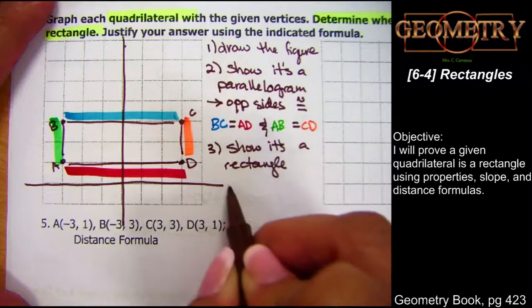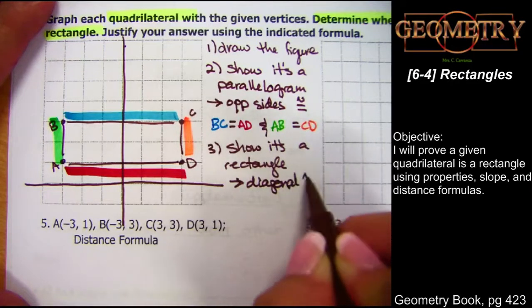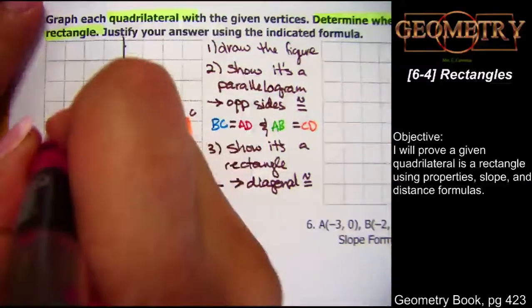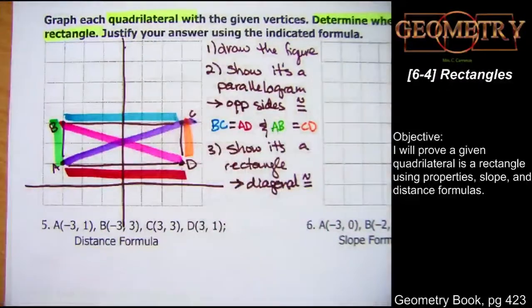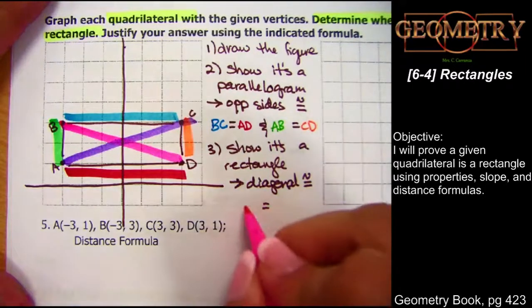Once you have a parallelogram, your next step is to show it's a rectangle. To show that, you need to show that the diagonals are congruent. That is, that line and that line have the same distance measurements.